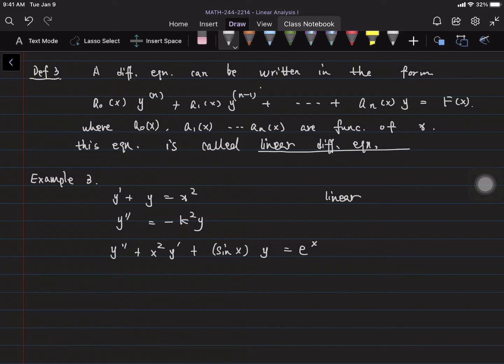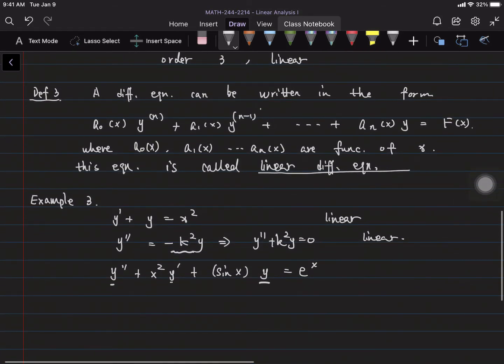And the second one is also linear. You can move the right side to the left side and change this into the form in our definition. There's no power on y double prime and y, so this is also linear. Same thing for the third one, no power on those terms, and the right side is the capital F. This is also linear.